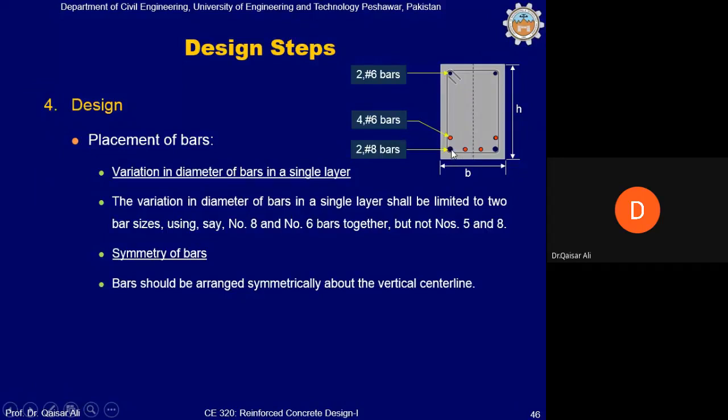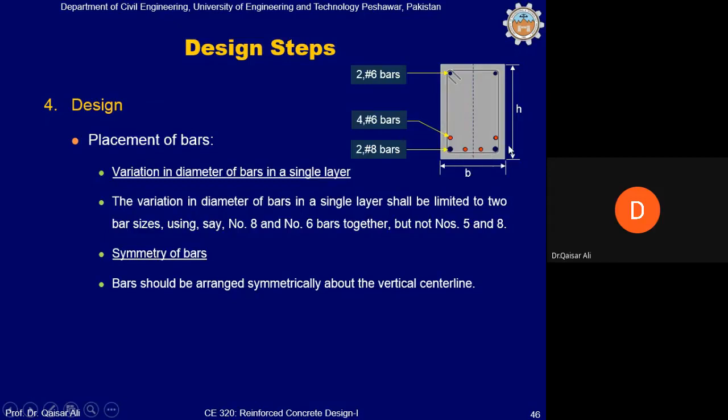Number 8 is 1 inch, number 6 is 3/4 inch, and then we have a 7/8 inch bar. So 6/8, then 7/8, and up to 8, there is a difference of 2 sizes. But if we use a 5/8 bar, then the difference will be more than 2 sizes.